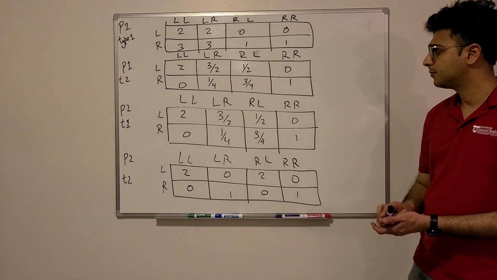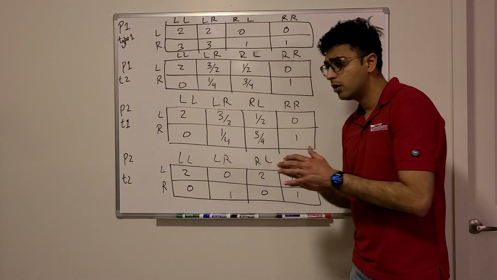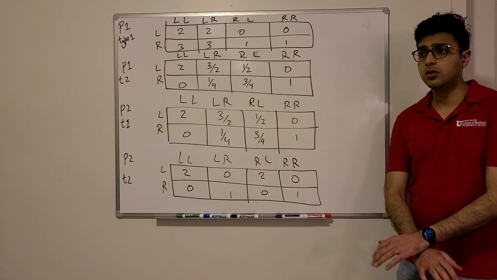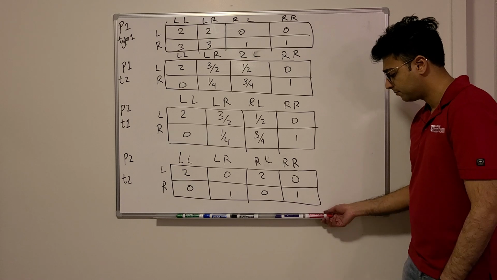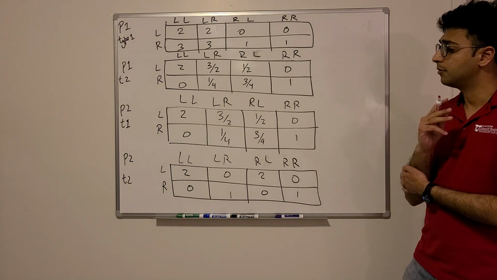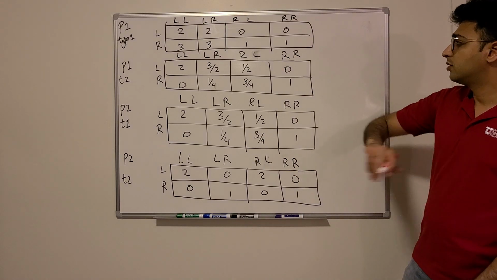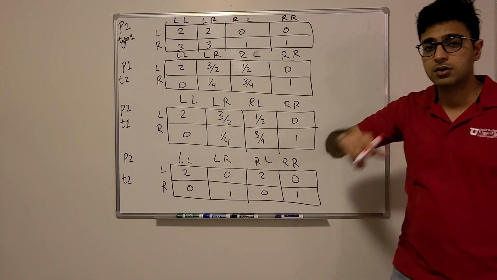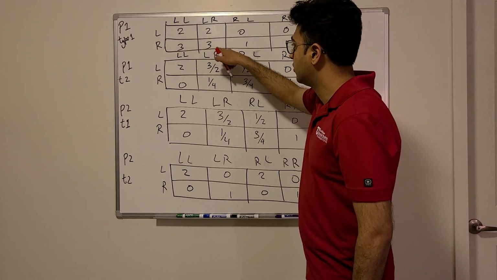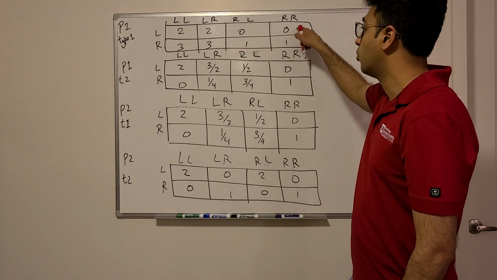Okay. Now we want to make the argument that RR is the only Nash equilibrium here. Let's look at player 1 type 1. 3 beats 2, 3 beats 2, 1 beats 0, and 1 beats 0.